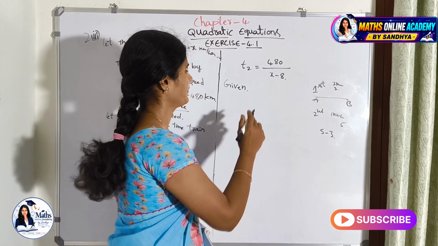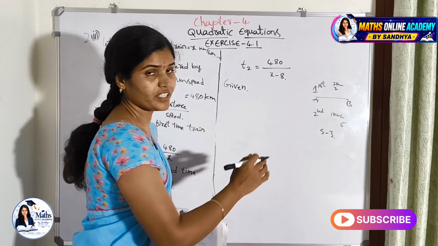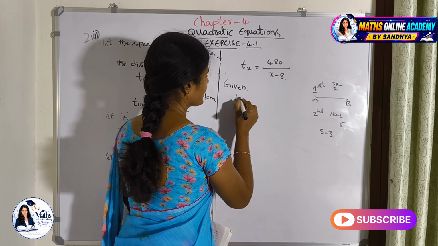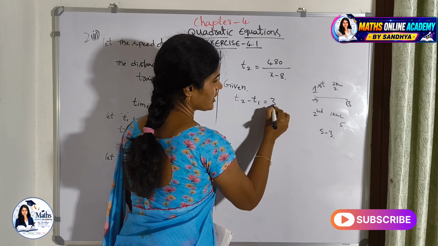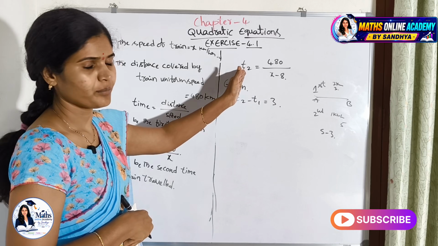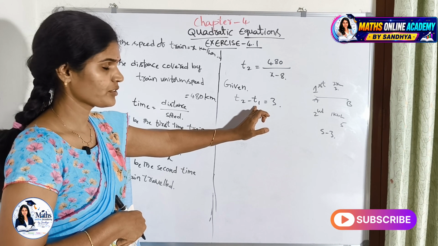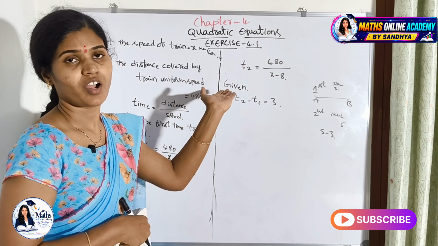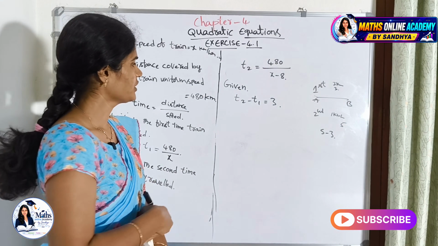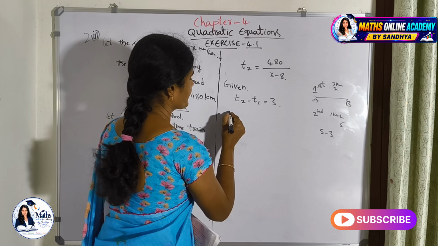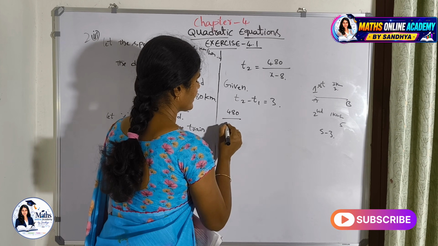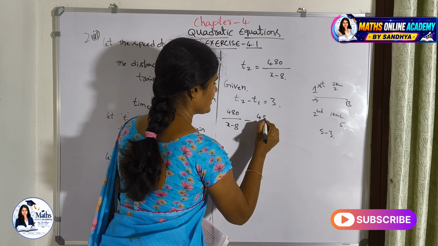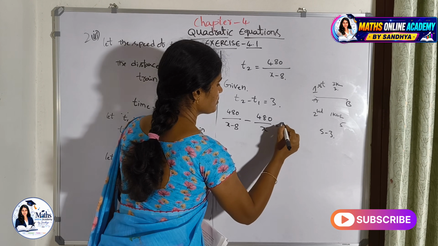Here also it is the same: 3 hours more taken means T2 minus T1 equals 3. The time taken the second time minus the time taken the first time is the difference. So T2 minus T1 equals 3, that is 480 by x minus 8, minus 480 by x, equals 3.